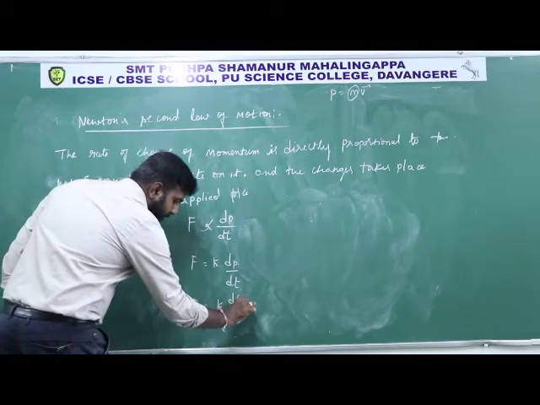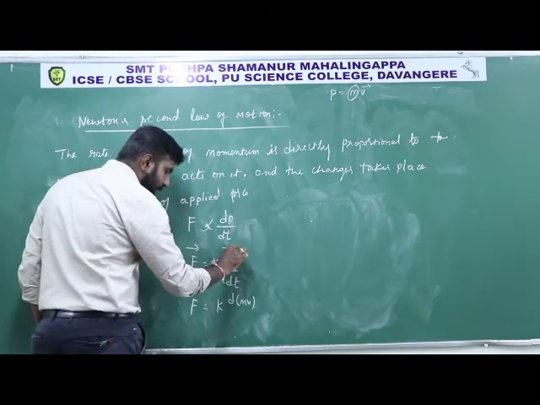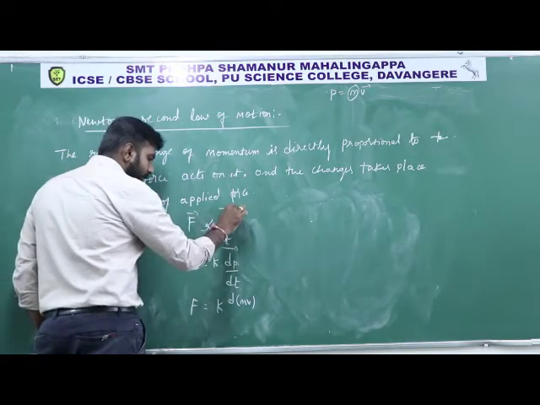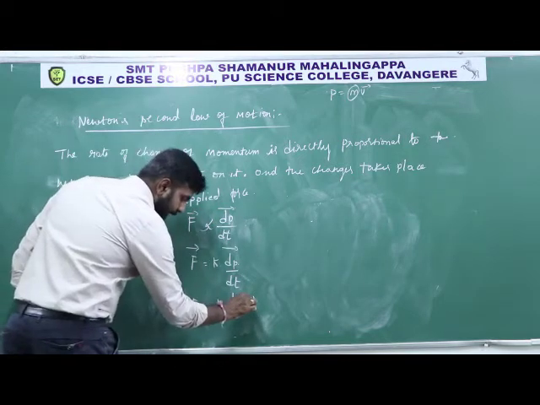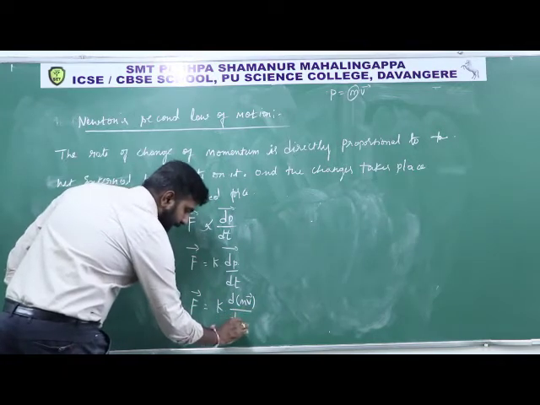where p means mass into velocity, momentum. Force is also a vector quantity, and momentum is also a vector quantity. Mass is a scalar. You can write it like this, divided by dt.